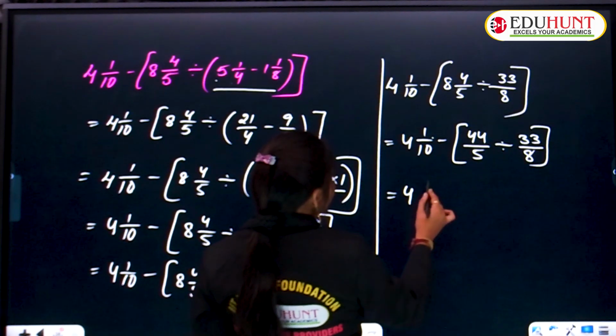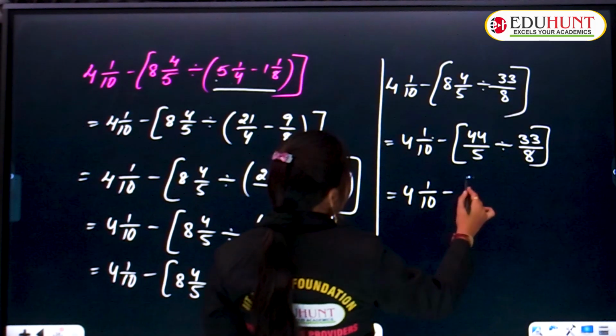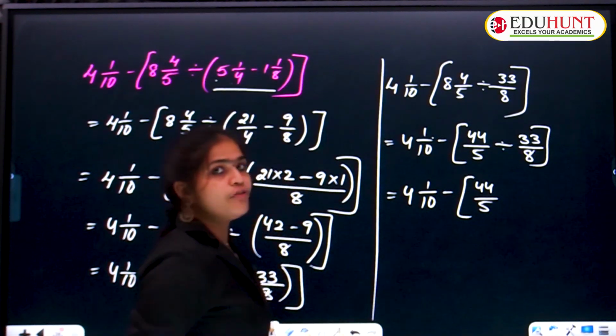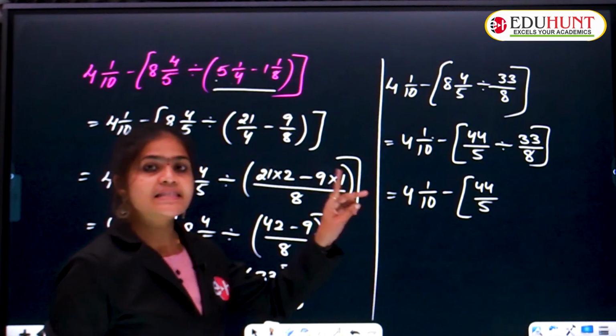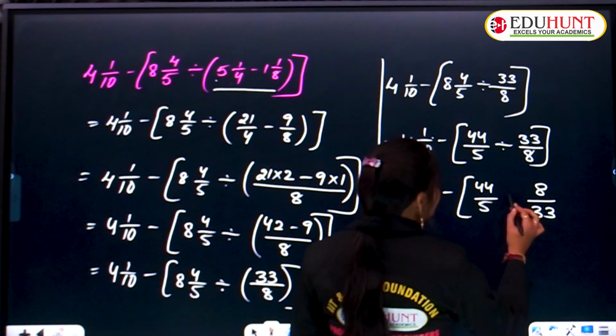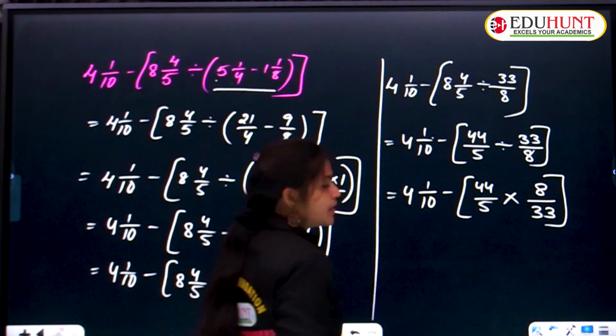We know that in division of two fractions, the second fraction becomes its reciprocal and division becomes multiplication. Understood?